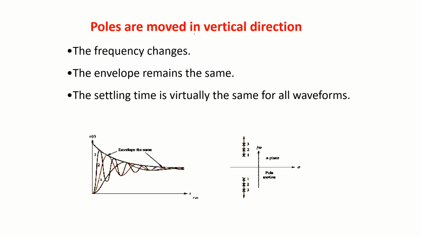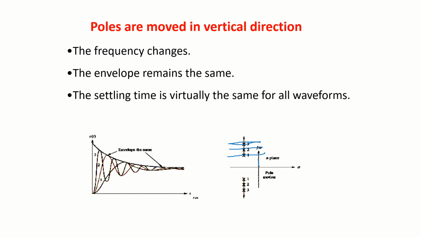Now, poles are moved in vertical direction. So let us look at this. I am moving like this. Poles means roots of this equation. So this is omega d, that is nothing but omega n under root 1 minus zeta square.